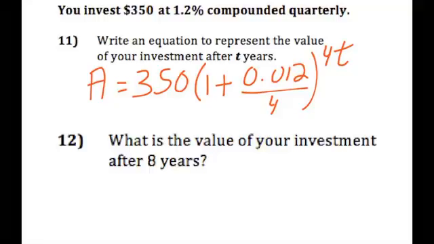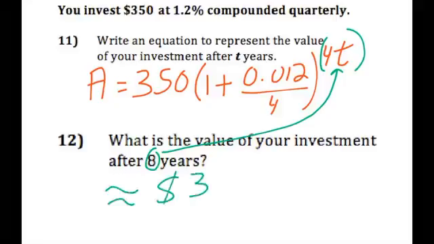To find the value of our investment after 8 years, we take 8 and plug it in for t. Don't forget to put parentheses around that when you put that in your calculator. Go ahead and try that. Okay, and your answer is approximately $385.21.